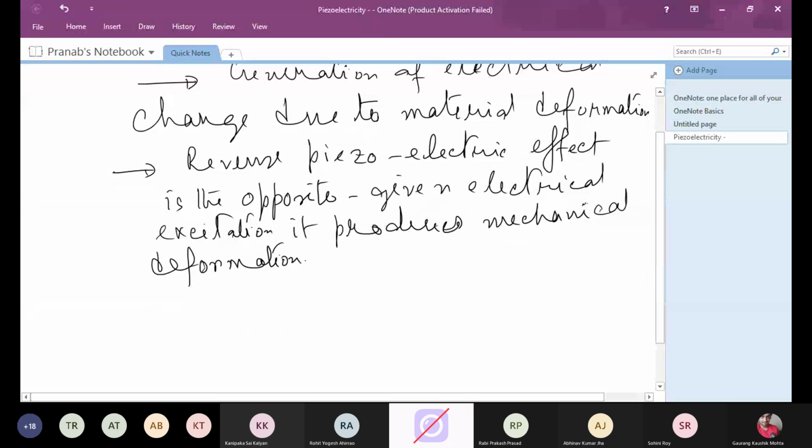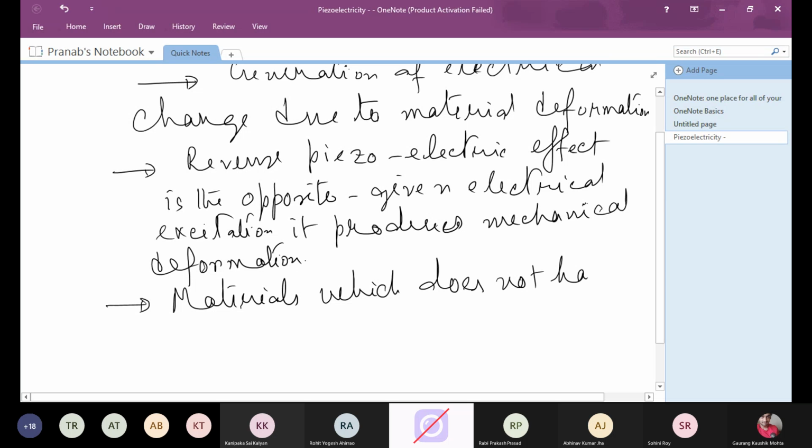So both the effects are present in certain kind of material. Generally, materials which do not have center symmetry produce piezoelectric effect.